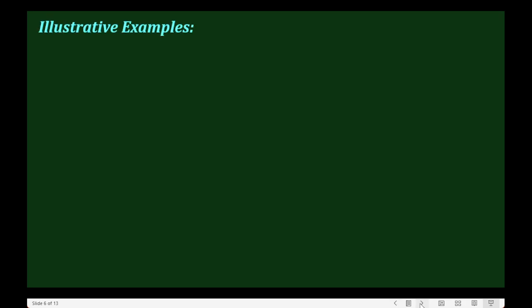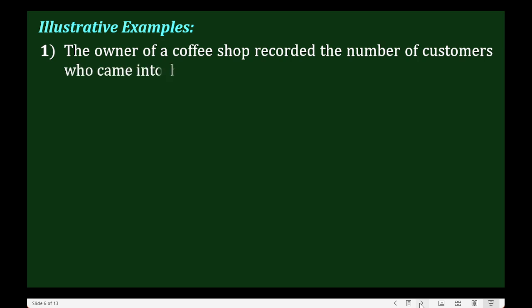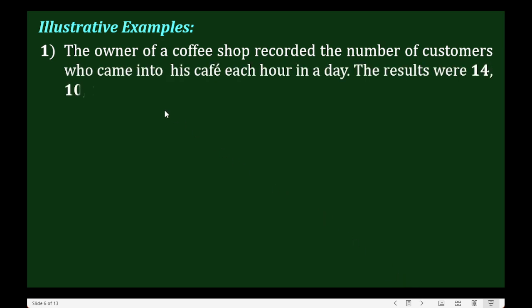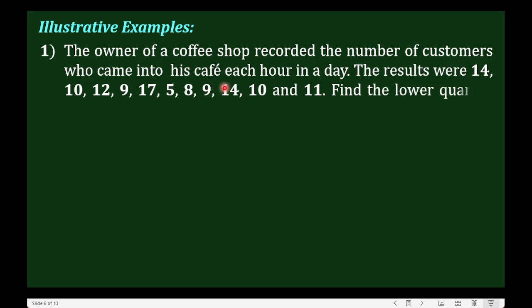Now let us take some examples, like this one. The owner of a coffee shop recorded the number of customers who came into his cafe each hour in a day. The results were, for the first hour, 14 customers who came into his cafe.